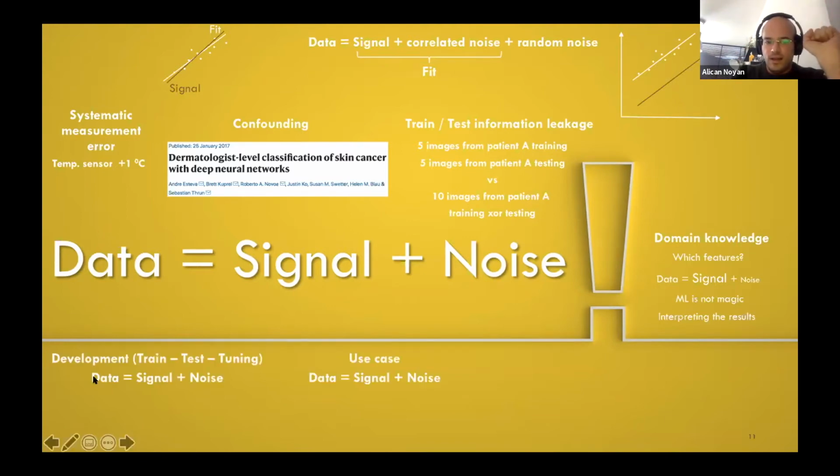Finally, I want you to realize that during your development, you have a certain distribution of your data, signal and noise. It should match your use case. As I mentioned in the cat example, if you have good looking cat images, right? Very artistic, very high resolution.